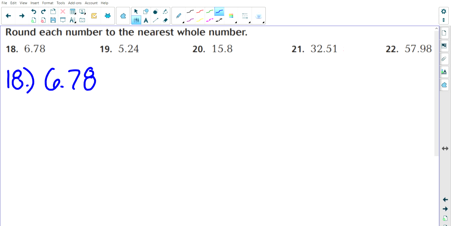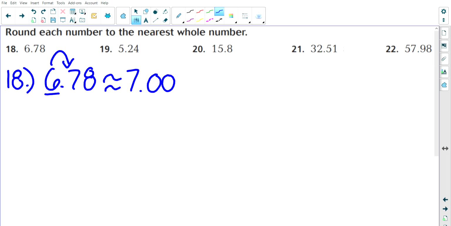That means we're rounding to the ones place because we want it to be a whole number. We don't want any parts. Look to the right of the rounding digit. Is it going to soar or rest? It should soar because the digit to the right is more than 5. 6 becomes a 7, everything else turns into a 0.